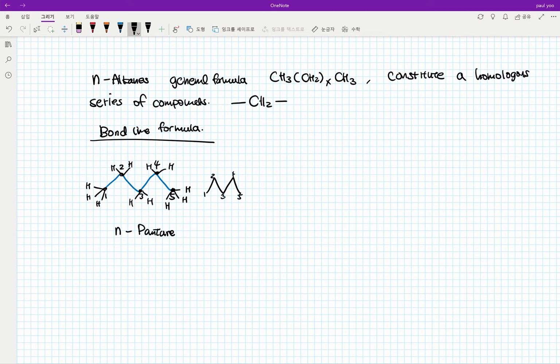Then the bond line formula for n-hexane will be 1, 2, 3, 4, 5, 6. This is a bond line formula for n-hexane.